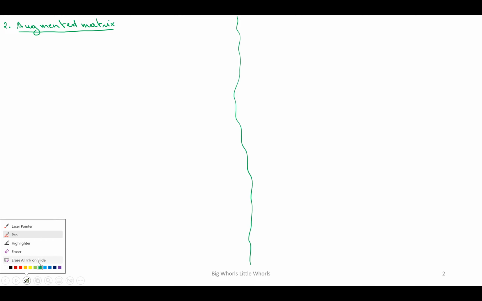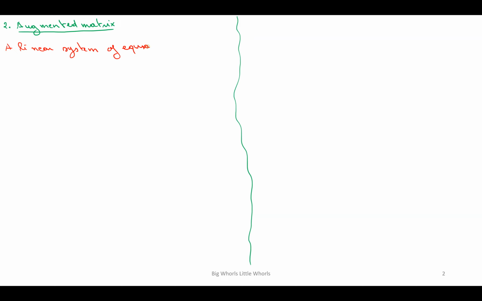Let's say we are given a linear system of equations. So let's write that linear system.